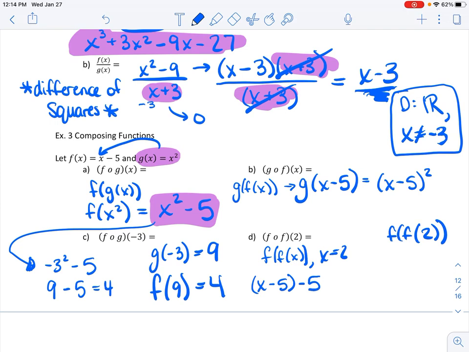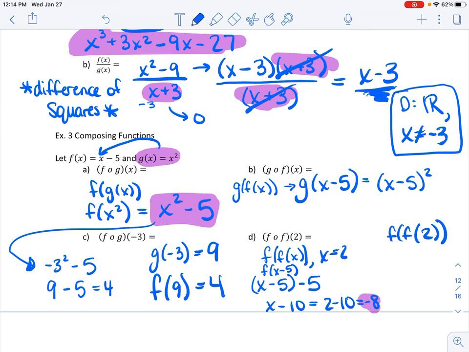Then we go ahead, maybe it'd be easier if I don't skip a step, f of x minus 5, there we go. Then we go ahead and combine like terms, and then plug in the x information, we get -8.